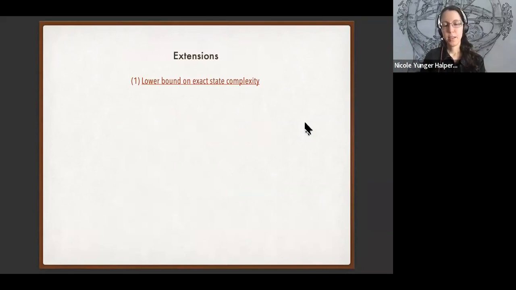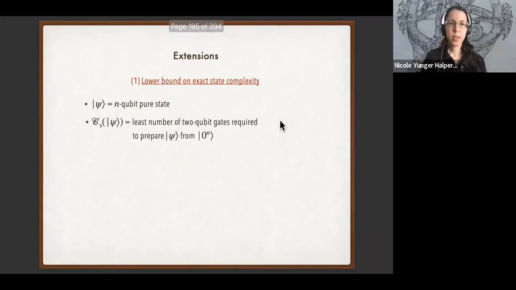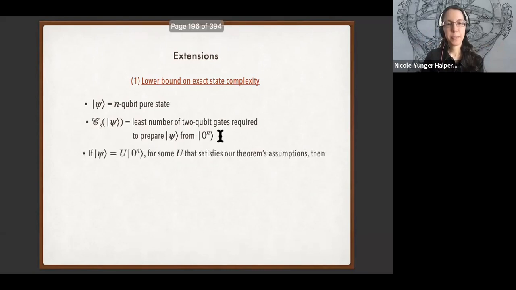First, we can extend the lower bound on the unitary's complexity to a lower bound on the state complexity. Let psi denote any n-qubit pure state. You can define C sub s as the least number of 2-qubit gates that we need to prepare psi from this simple tensor product. We can prepare psi by taking the all 0 state and acting on it with a unitary.